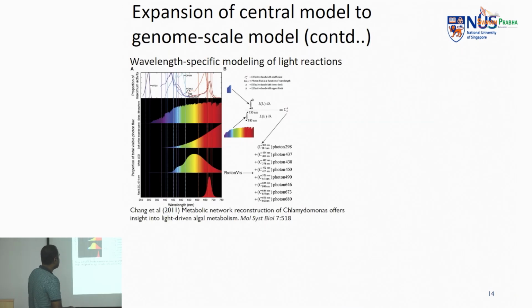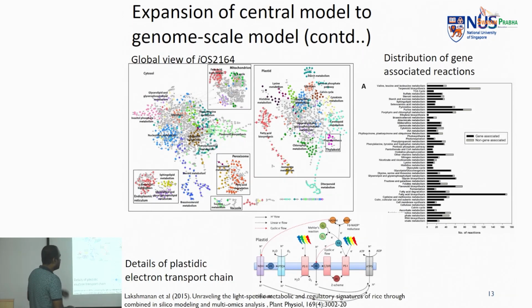But one major update here is that when you have different colored lights, which can be segmented based on wavelengths, how the photosynthesis actually happens, how the photon absorption happens, and how much energy is actually derived in terms of photons.